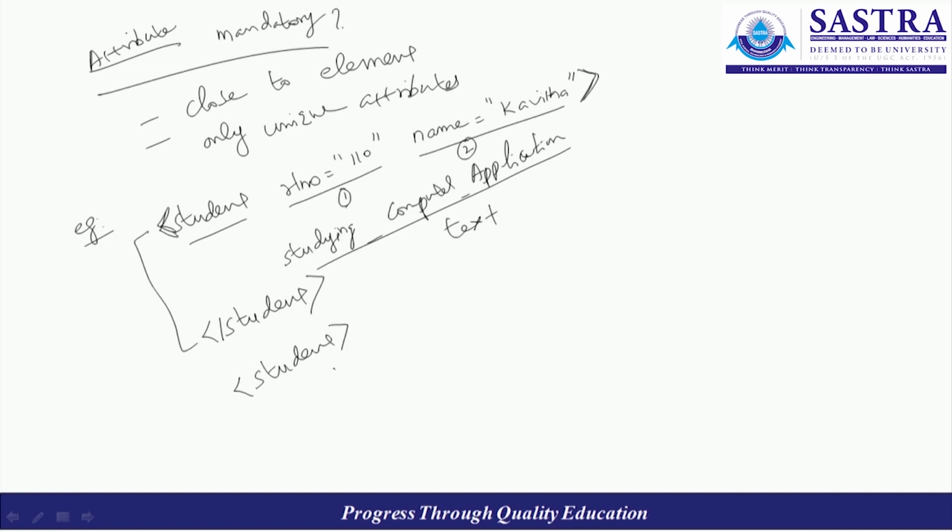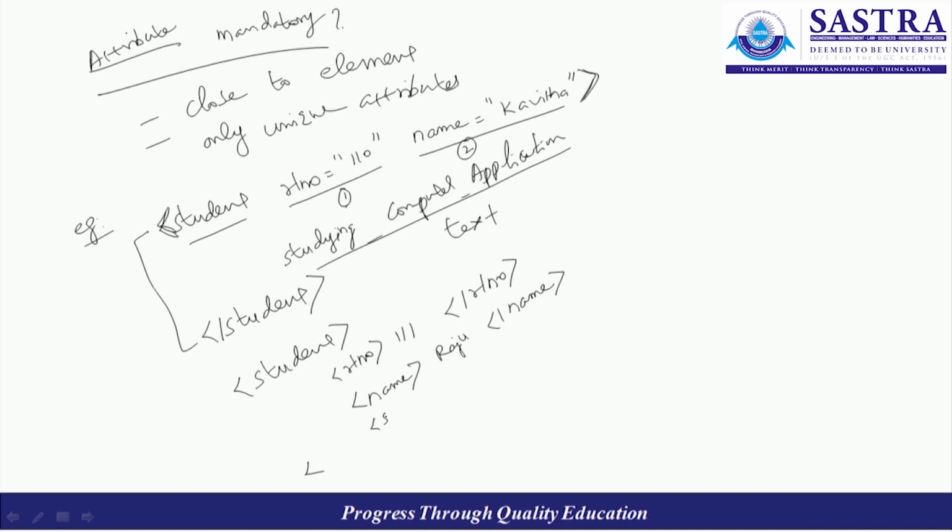Now I want to have roll number as an element, slash roll number, and name, Raju, slash name.